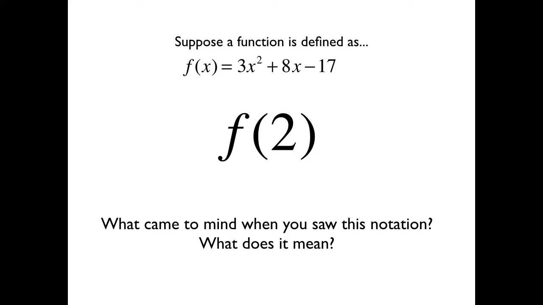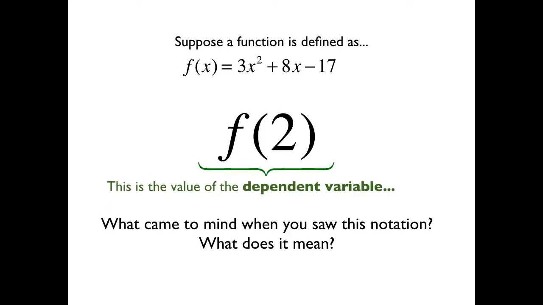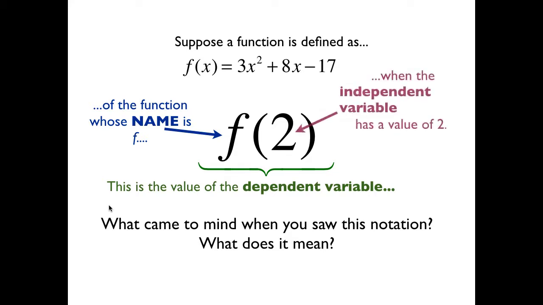Maybe it's y, maybe it's something else, but a value of a dependent variable when we're using function f and the relationship f, and the independent variable has a value of 2. So f of 2 means on its own this value of the dependent variable. You don't have to compute it for it to mean that.